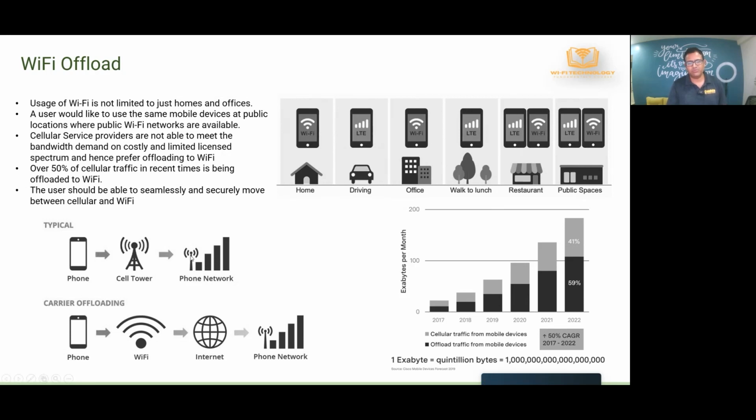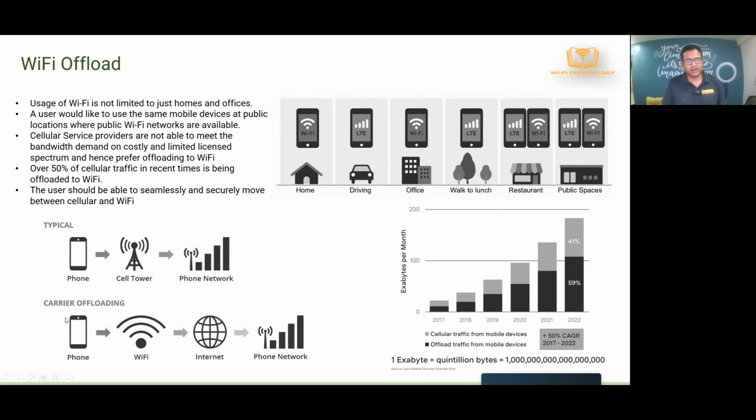But when the carrier is offloading, the exact same phone with the exact same user credentials, the exact same SIM card, can now seamlessly connect to a Wi-Fi network that is inside the venue, and then from there you connect to the IP network, and then from there you move to the phone network, the traditional cellular network on the back. So that is called carrier offloading, where you actually offload the device from a cell tower to a Wi-Fi device.